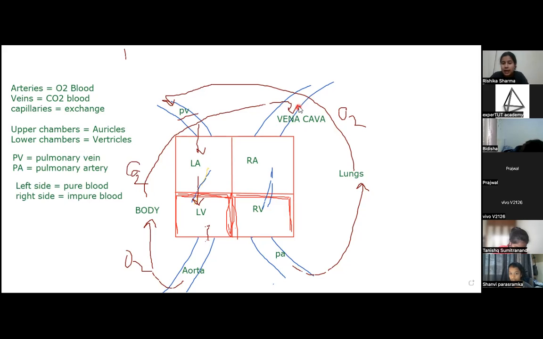Okay. Now vena cava से your blood will come into the right auricle. From the right auricle, it will come into the right ventricle, and from the right ventricle, it will come into the pulmonary artery.